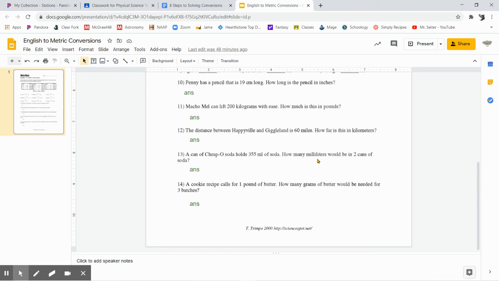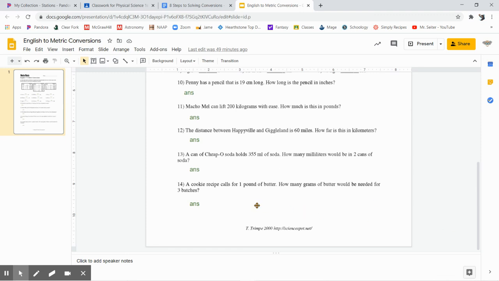Yeah, 710 milliliters. That's easy. It's just a multiplication. A can of cheapo soda holds 355 milliliters of soda. How many milliliters would be in 2 cans? So 2 times 355. That's easy enough.